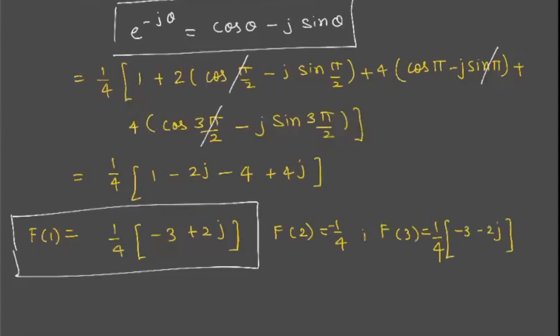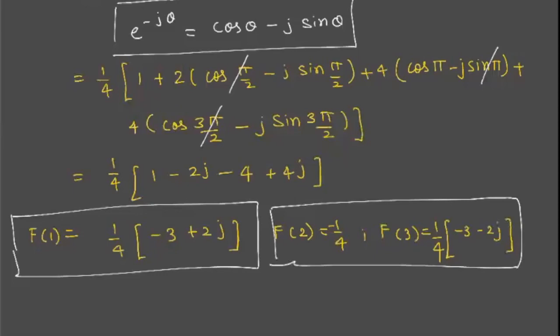Now, in order to calculate the reverse, that is the inverse transform, we will need all these quantities. So now, let us try and compute the inverse of it. We want to calculate small f of 0 from here.